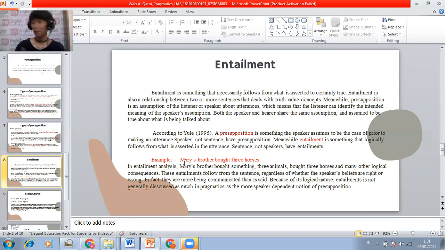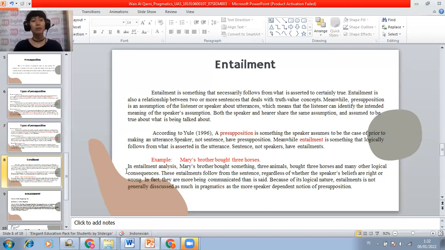It is common knowledge that horses would cost an arm and a leg, which is expensive. So the presupposition is that Mary's brother has a lot of money since he could buy the three horses. Those are presupposition analysis, according to my opinion.